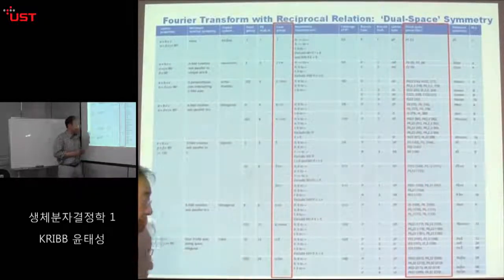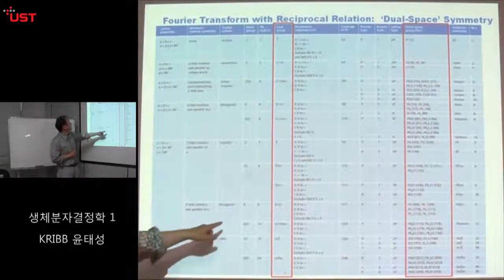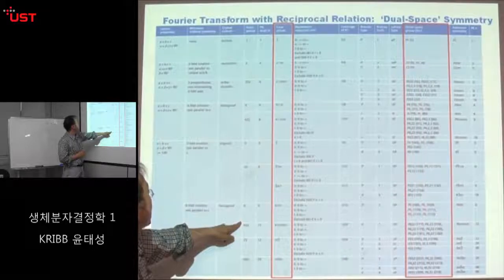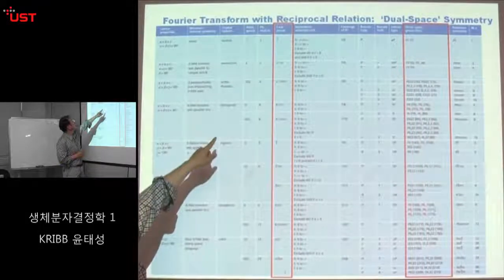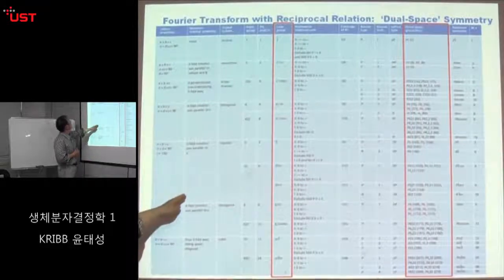But if you look at here also, we have 1, 2, 3, 4, 6. These are called point group. So also here, you look at minimum internal symmetry.